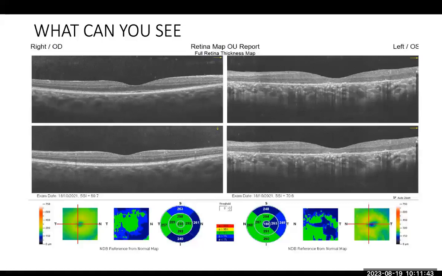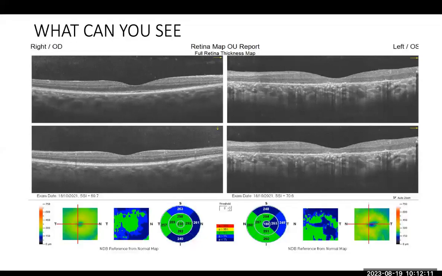You see that it's thicker to the left in this eye. If you go to the right eye as well, the nerve fiber layer to the right is thicker.